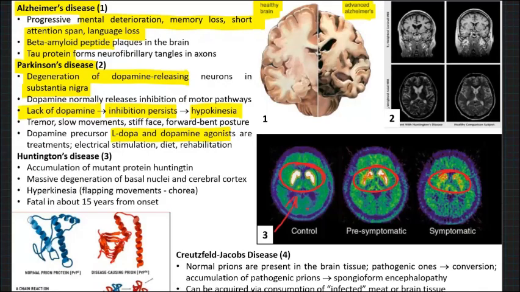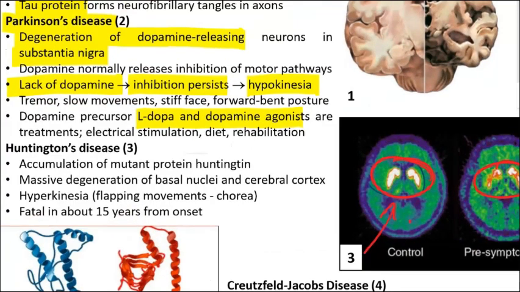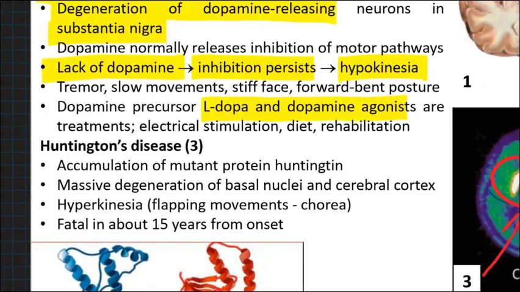You can see that in healthy folks it's pretty active, and in advanced symptomatic Huntington's disease it's pretty much gone. So what's going on? When there's a mutation in the gene of Huntington, this abnormal protein accumulates and shuts down basal nuclei. When basal nuclei are shut down, inhibition of unnecessary movements stops, and people develop hyperkinesia, also known as chorea.